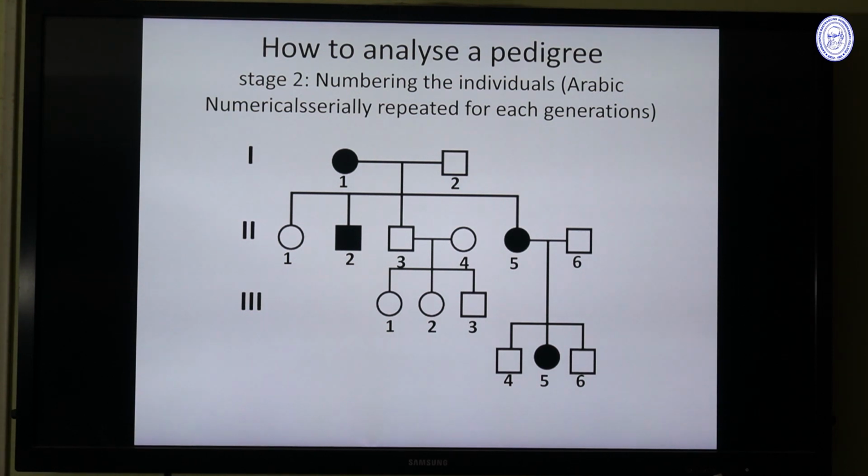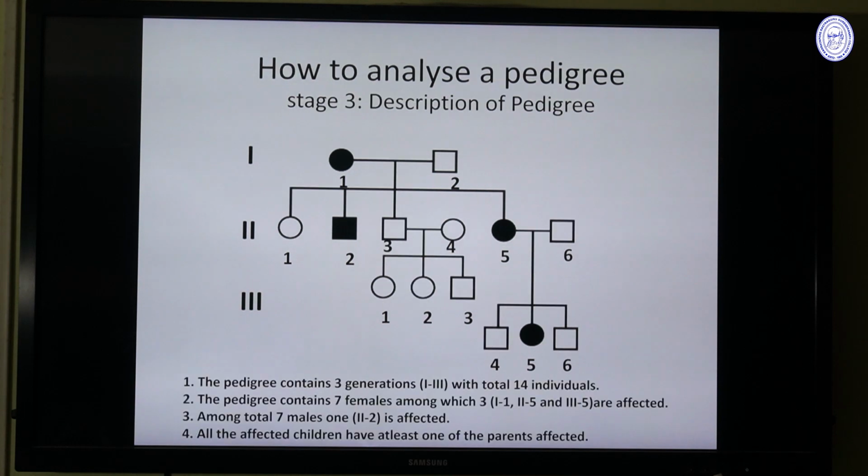In the second generation we have numbered them 1, 2, 3, 4, 5, 6. In the third generation we have numbered the individuals 1, 2, 3, 4, 5, 6. Like this we have to number each and every individual so that we can call or denote them clearly.